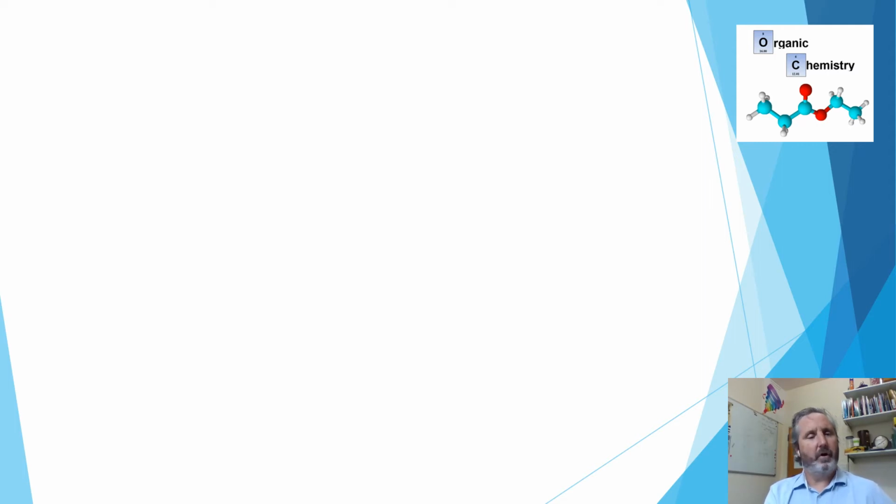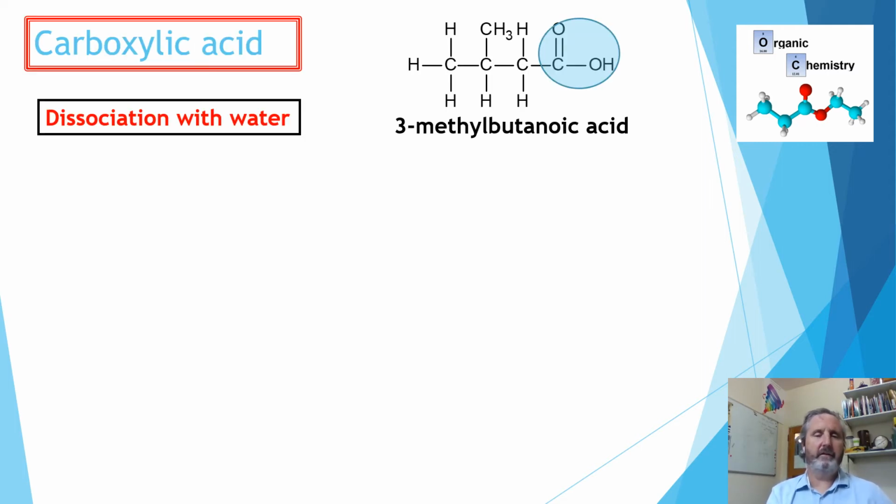The next type of compound I want to look at are carboxylic acids. We remember a carboxylic acid is characterized by the carbon double bond oxygen OH group at the end of the molecule, and this group is acidic.